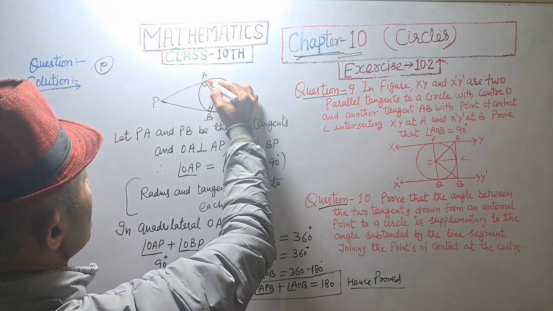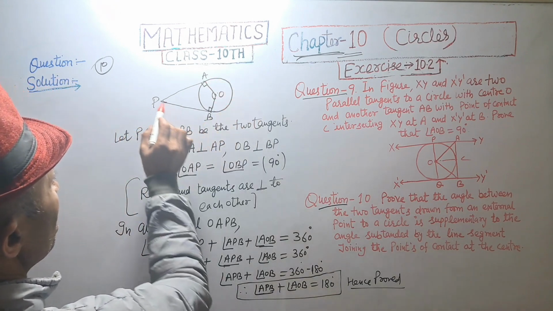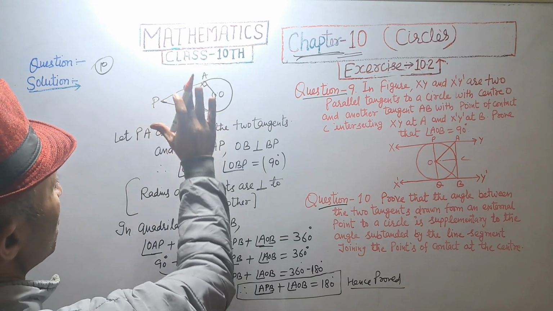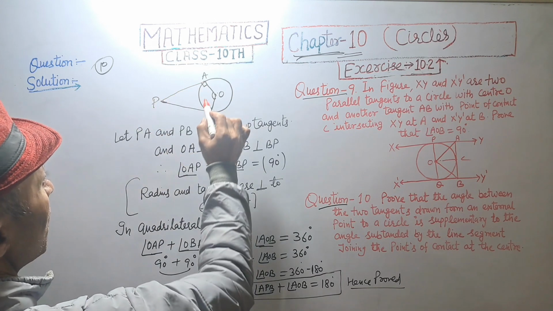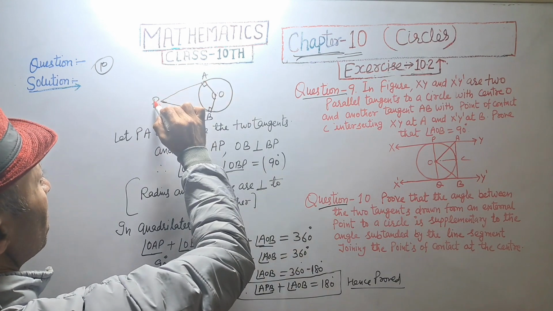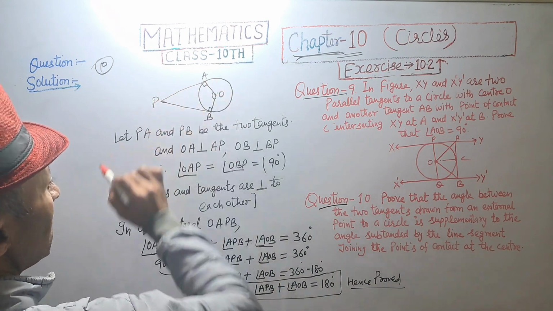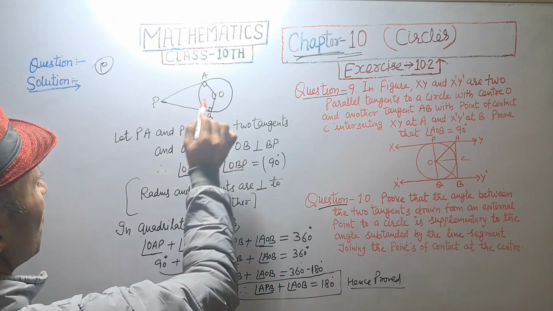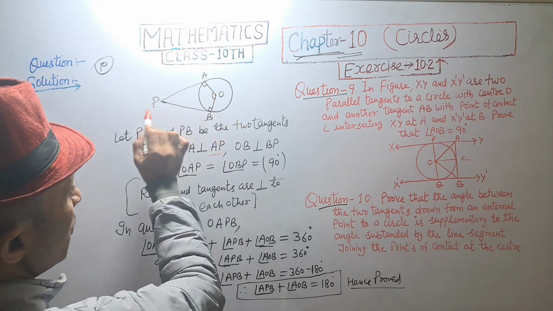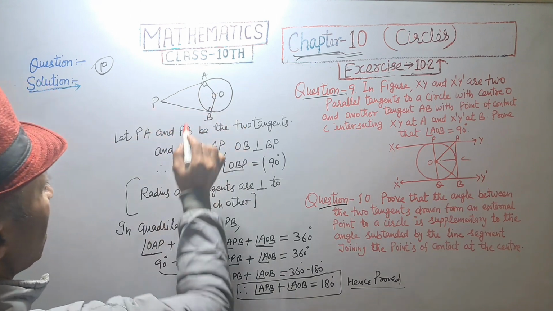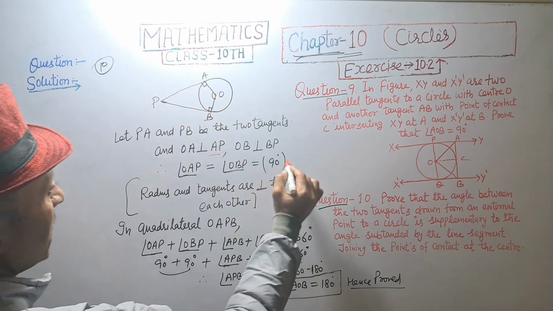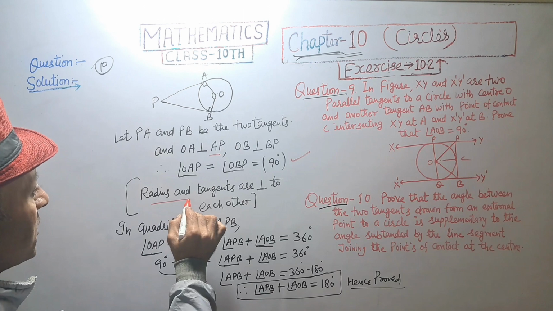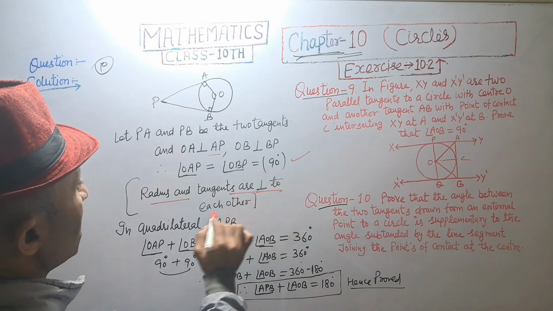Let O be the center of the circle, and PA and PB are two tangents. OA is perpendicular to AP and OB is perpendicular to BP. Angle OAP is equal to angle OBP, each 90 degrees, as the radius and tangent are perpendicular to each other.